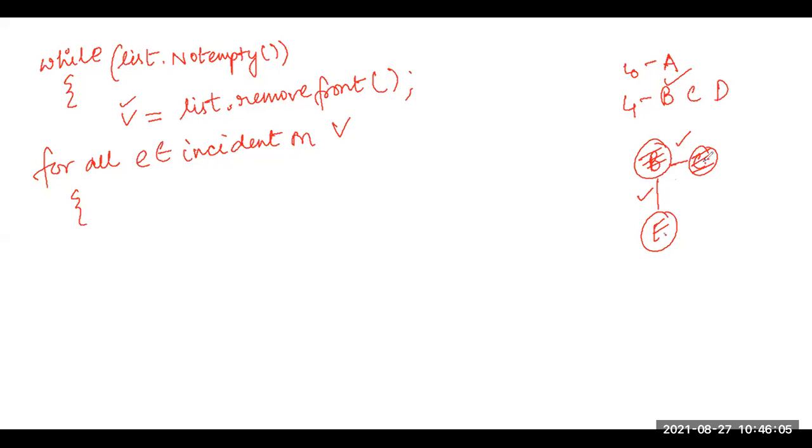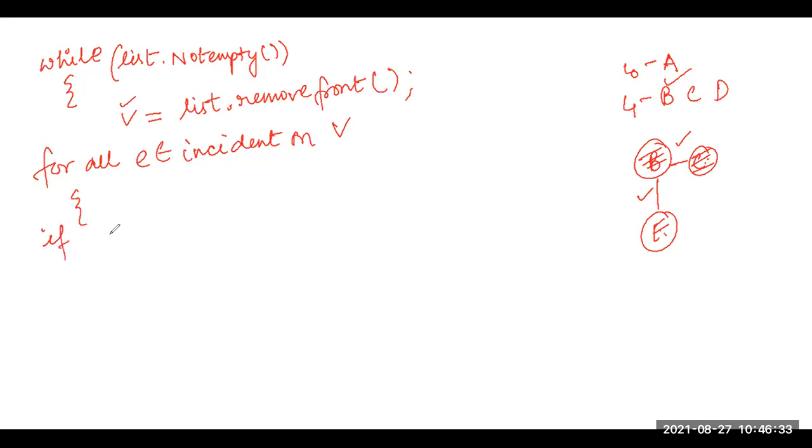If the vertex was an unvisited one, we changed this edge to a discovered edge, changed the label of this vertex to visited, and I added this E in my next list or my next level. But if the vertex was a visited one, I will simply mark this edge as a cross edge. Clear?